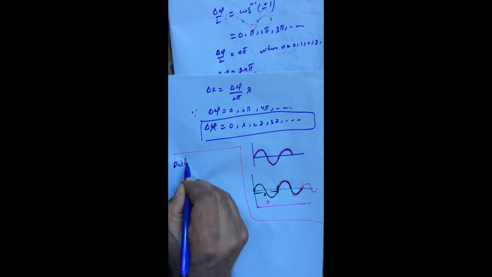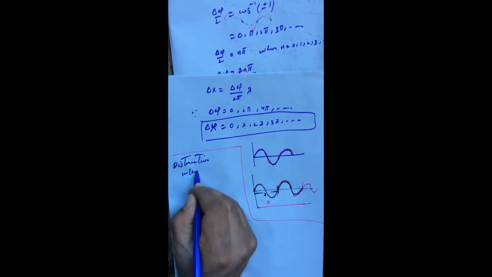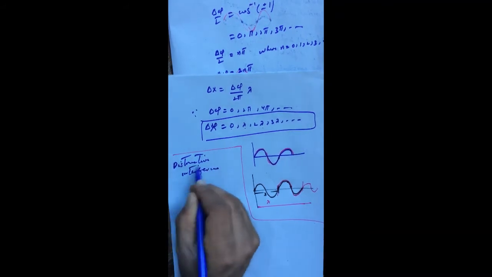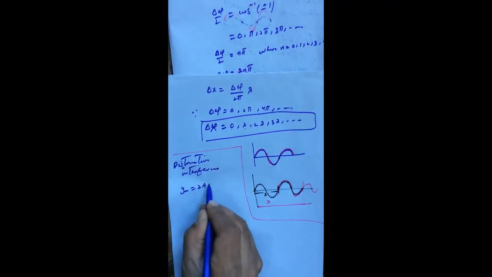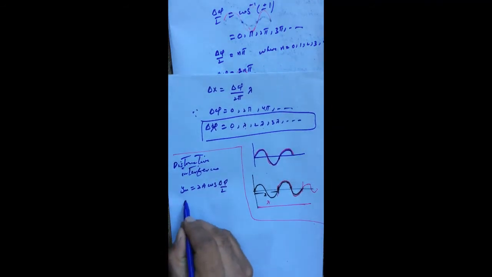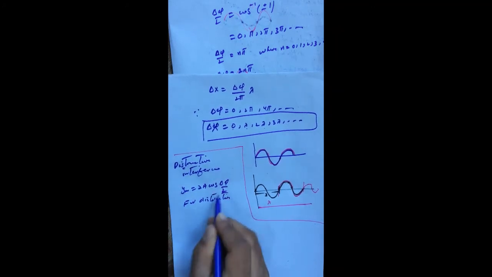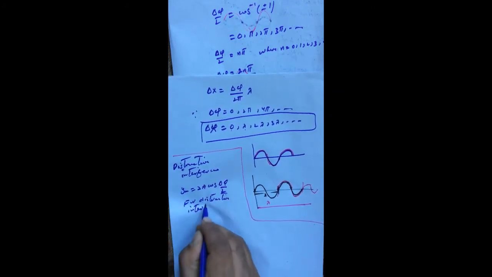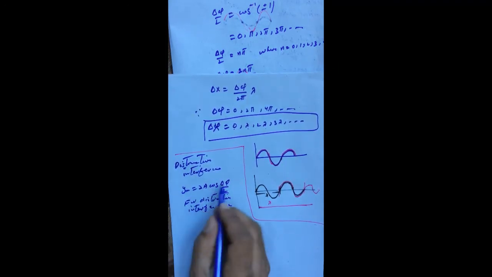Destructive interference. The amplitude is again ym, which is equal to 2a cos del phi over 2. For destructive interference, this amplitude will be minimum.